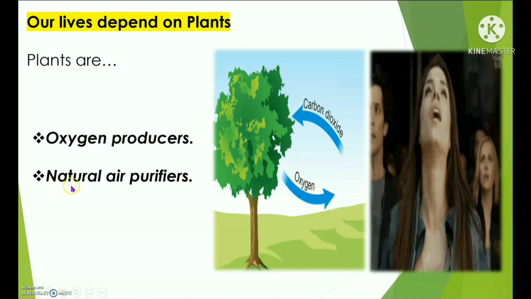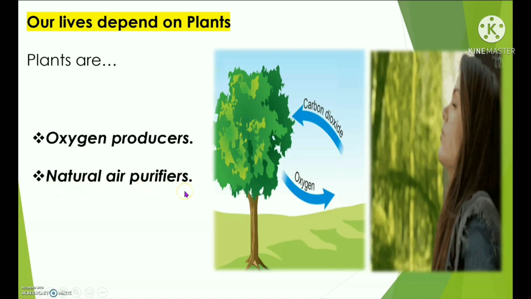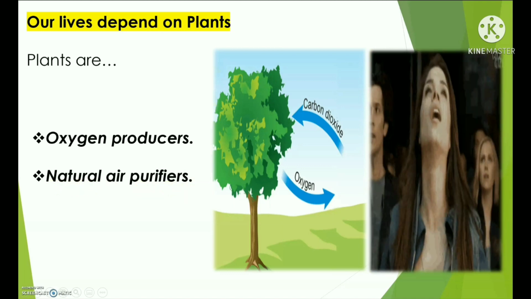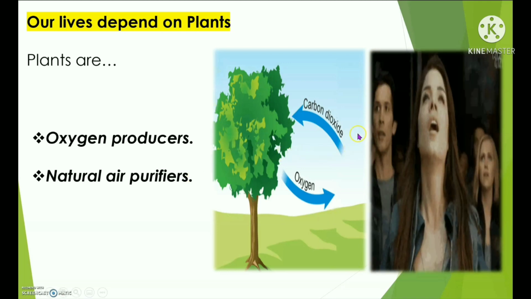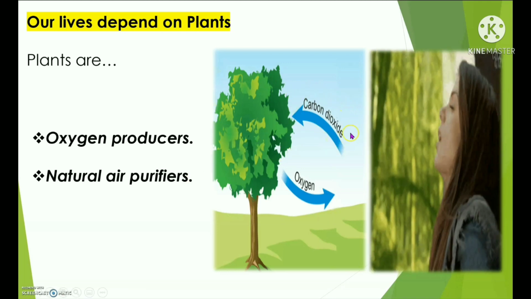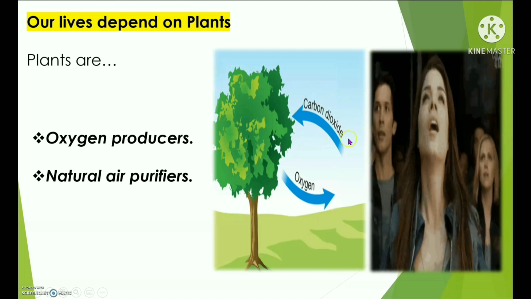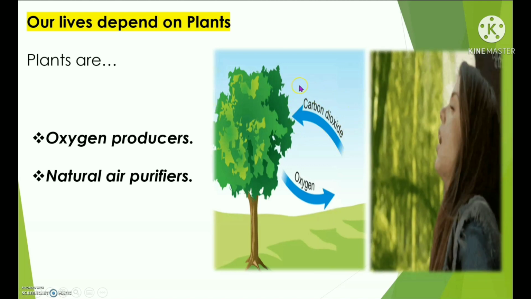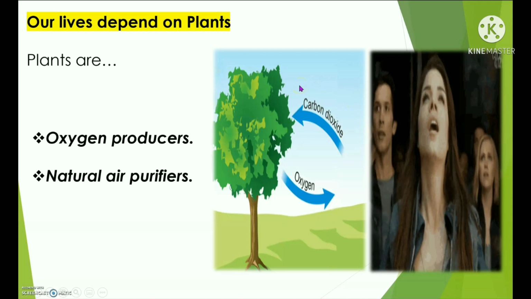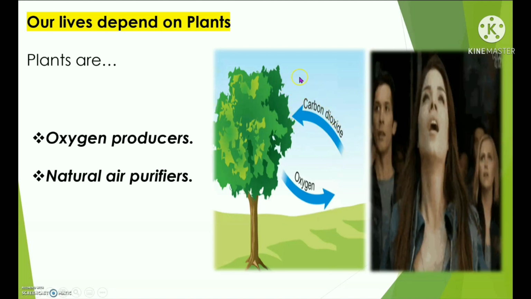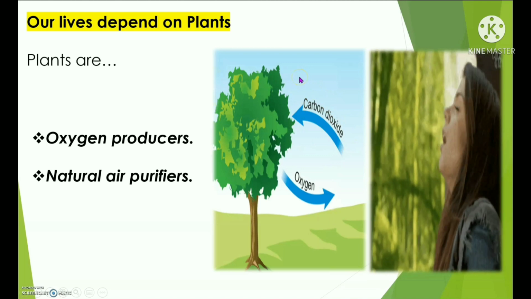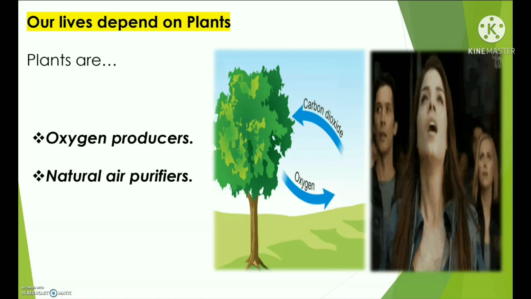Also, trees are natural air purifiers, or they help clean the air that we breathe. It helps the atmosphere because we produce carbon dioxide, as well as cars and factories, which trap the heat inside the atmosphere that causes global warming.